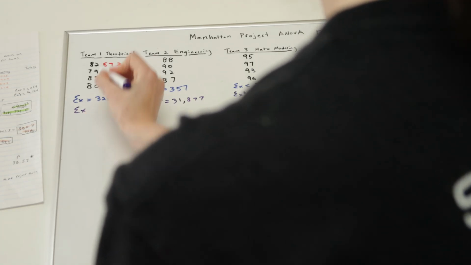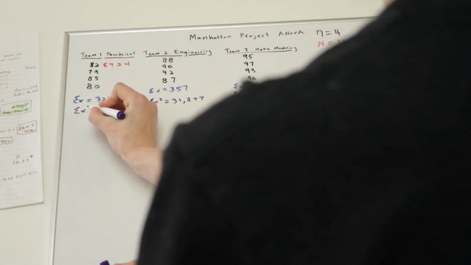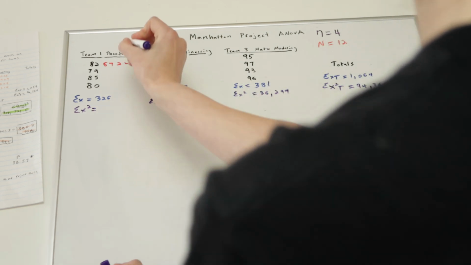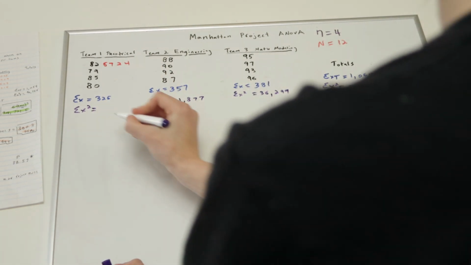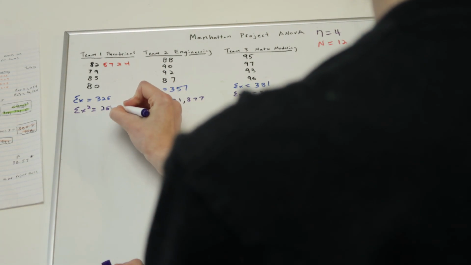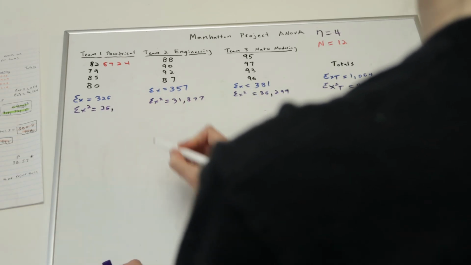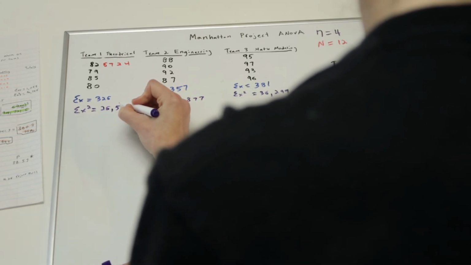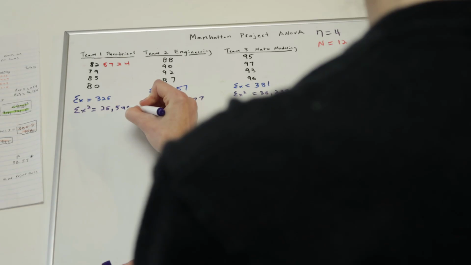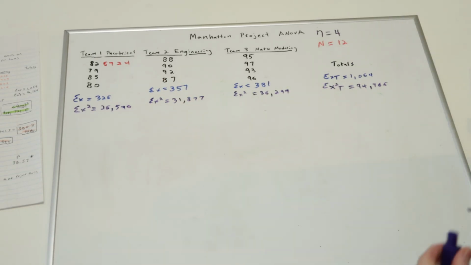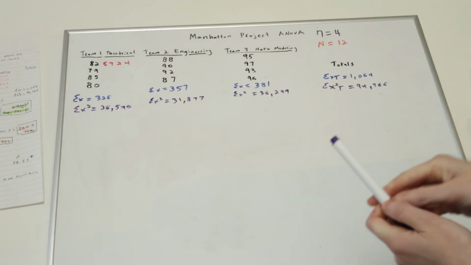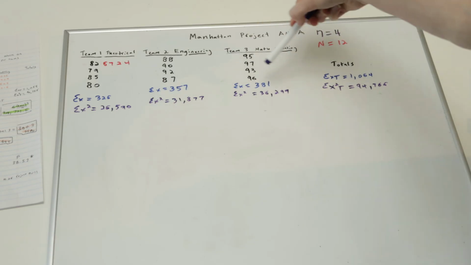So when you add up after you square all of those, this theoretical group should equal 26,590.